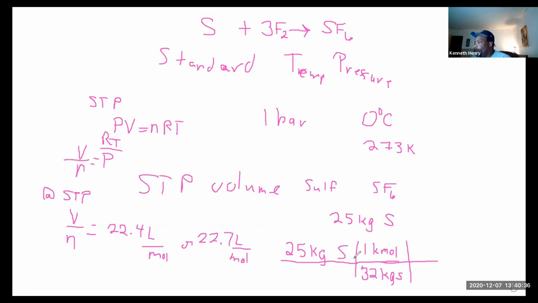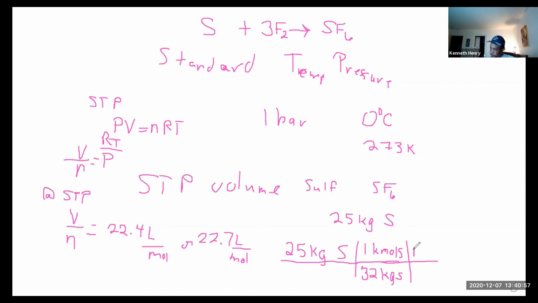Okay, let's see. So then that gives me 0.78 kilomoles, and that's of sulfur, right? So what is the mole ratio of sulfur to sulfur hexafluoride? It's 1 to 1, right?